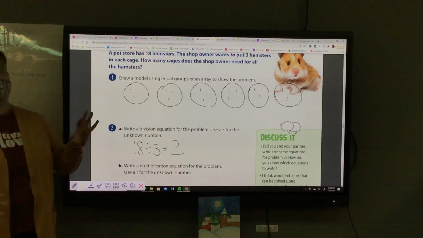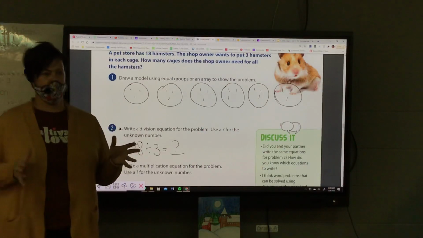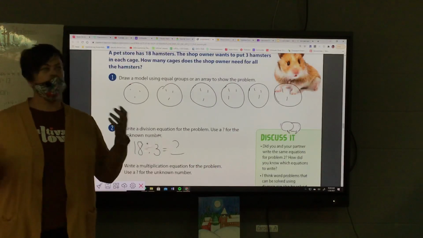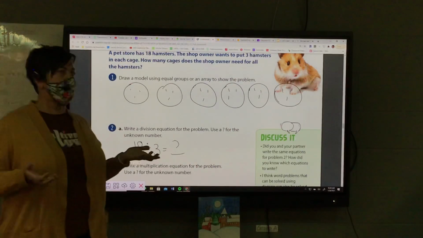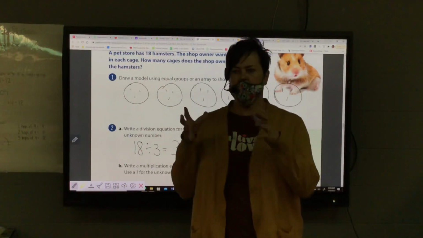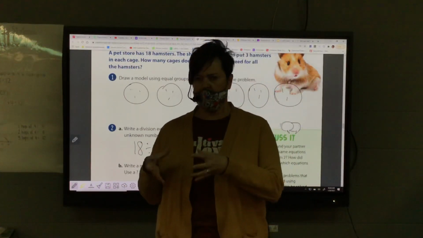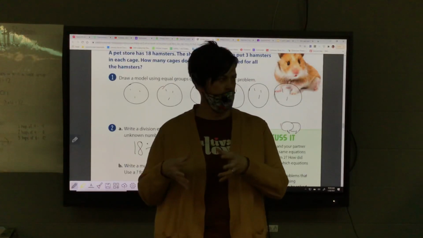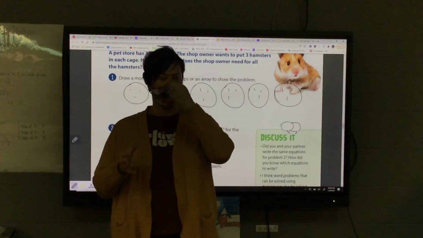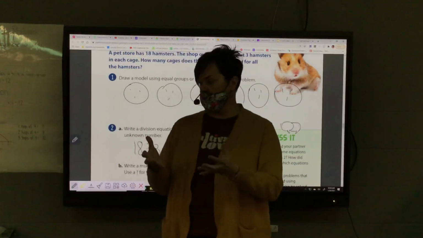What numbers do we know for sure? 18 and 3. Okay. Think about when we multiply. Do we start out with our big number? No. When we multiply, what do we start out with? Our little number. The smaller numbers, right?